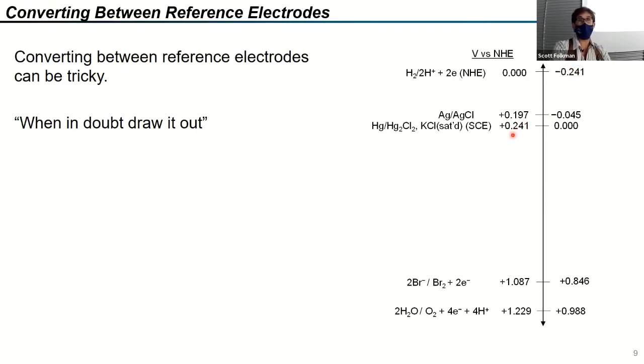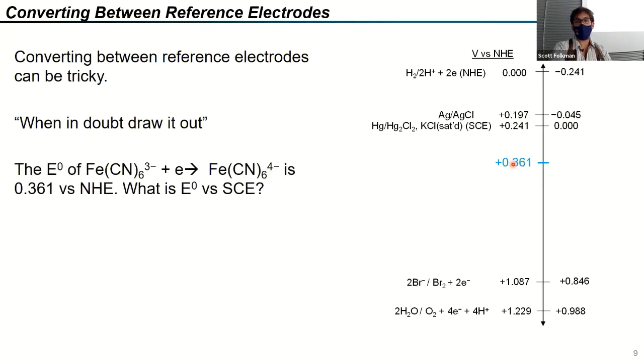The question might be, do I add it or subtract it? And that's why I like to draw it out, because once you draw it out, the answer becomes clear. So if I tell you that iron ferricyanide has an E0 of 0.361 volts versus NHE, I can ask, what is its E0 versus SCE?